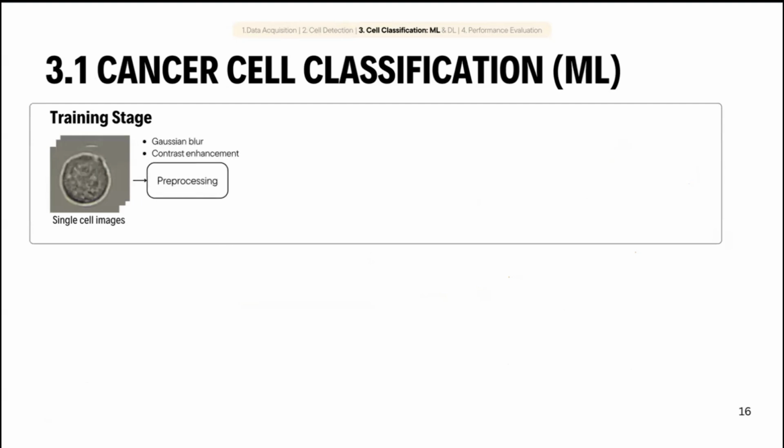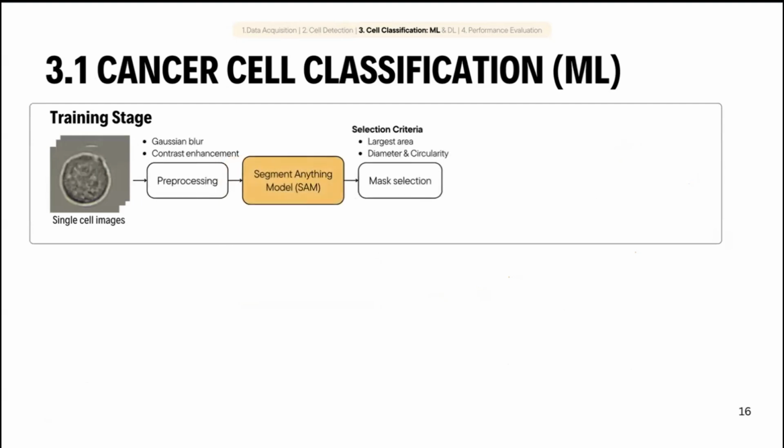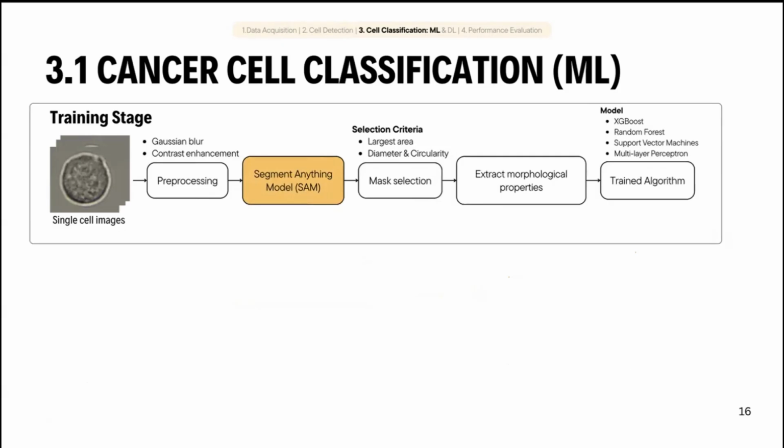Okay, so for the classification task, we divided into mainly 2 separate parts. The first one will be machine learning classification based on the morphological analysis, and another one will be the deep learning classification.